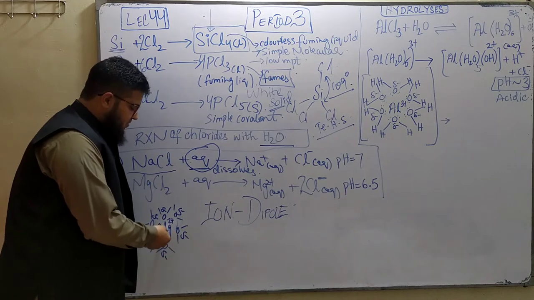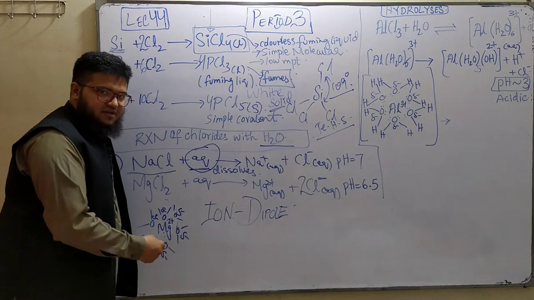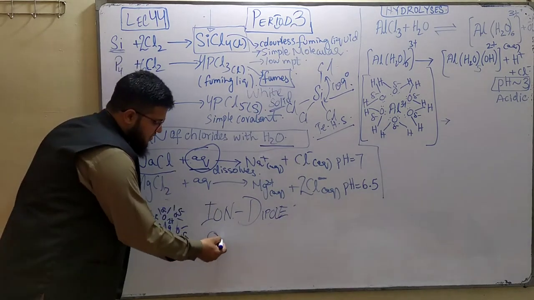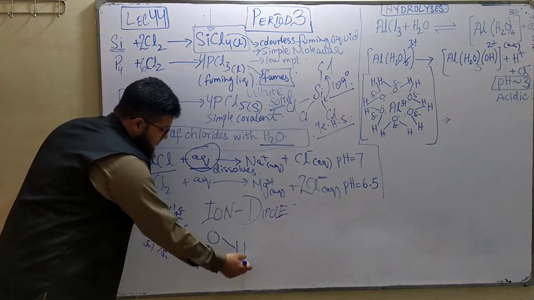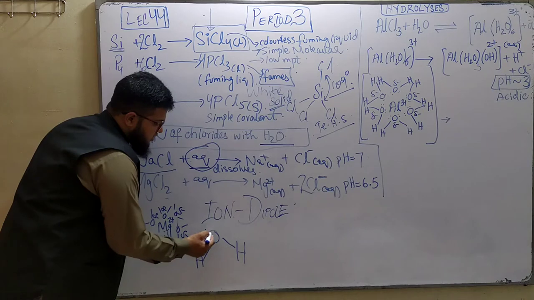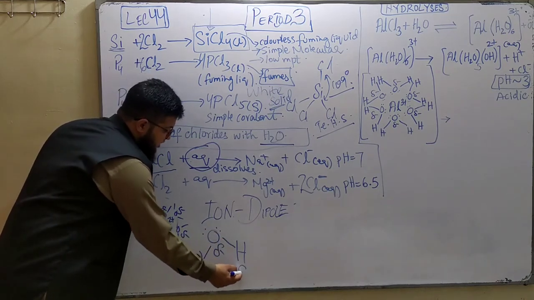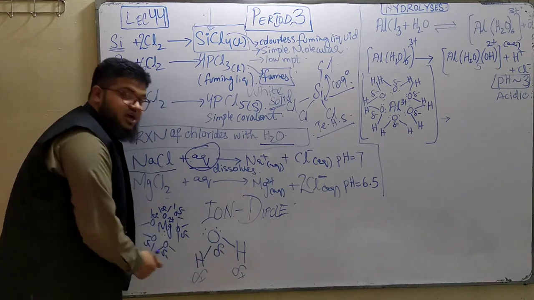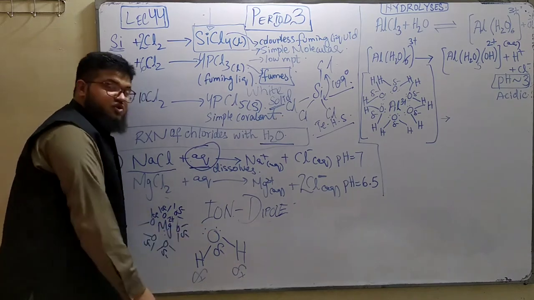Around each magnesium atom or ion, the water molecule organizes itself. If you remember the previous lecture on covalent bonding, intermolecular forces, polarity and non-polar compounds, I told you that water has a partial negative charge on oxygen and a partial positive charge on hydrogen.